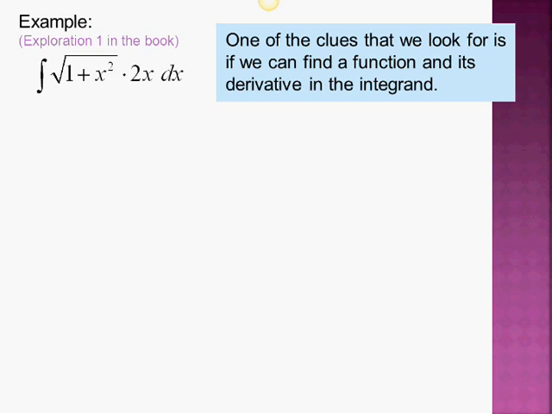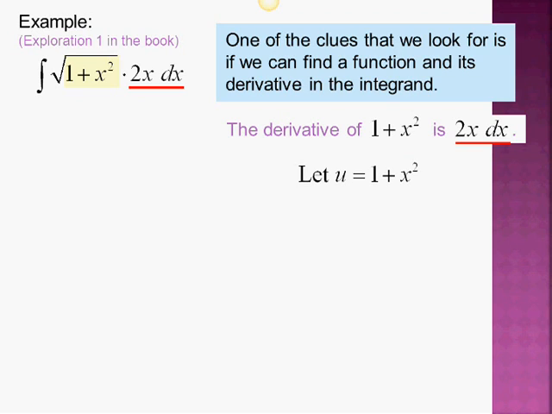And if I notice here, 1 plus x squared would have a derivative of 2x, which is nice and conveniently put right there for me. So another thing you want to look for is the composite. Usually the inside function is the u that we're going to take out. The derivative of 1 plus x squared is 2x dx.